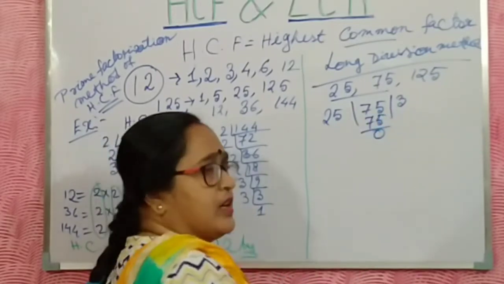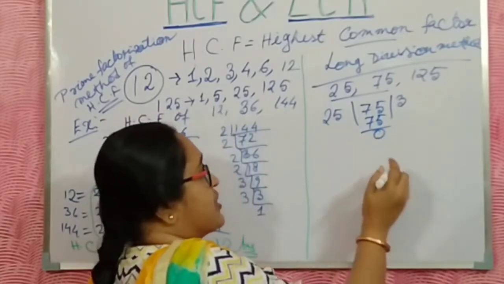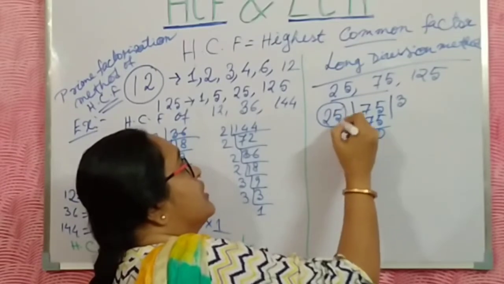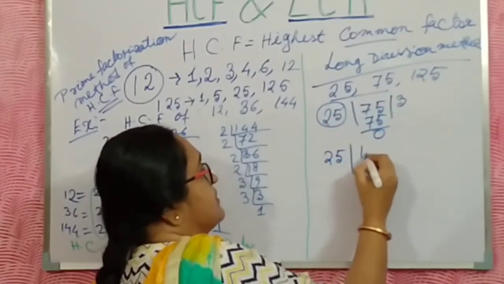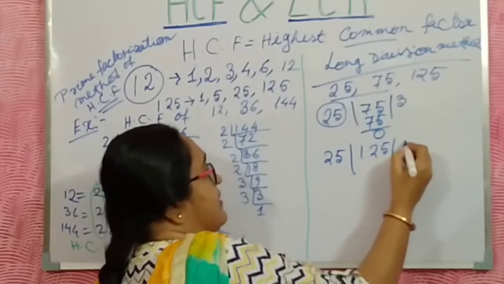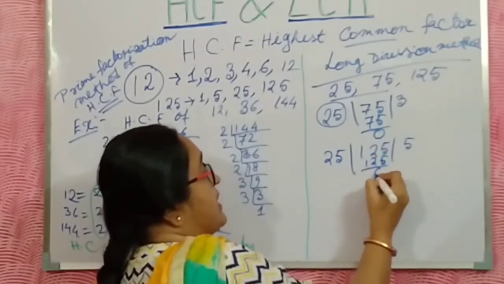The division is matched. Then you do the same with the next number: 5 25s are 125.